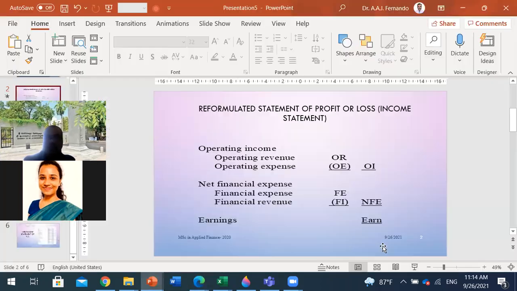But for our reformulation purposes, it is relatively easy. Operating income, operating expenses. Then net financial expense, which is financial expense minus financial revenue. This minus this will give you the earnings. So it is easy. Why? What's the reason for us to separate like this? The reason is this.